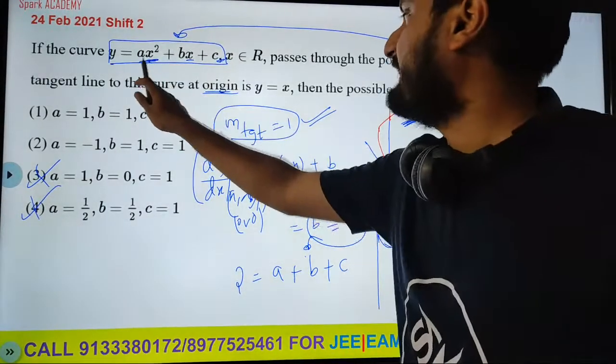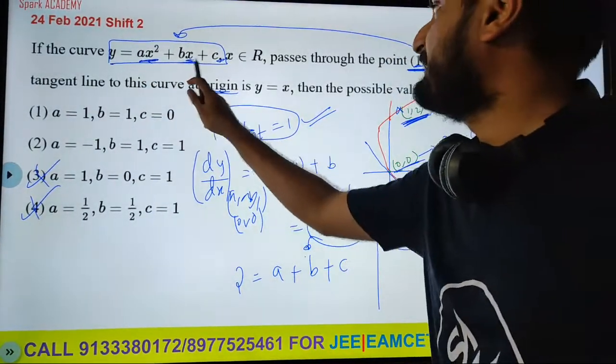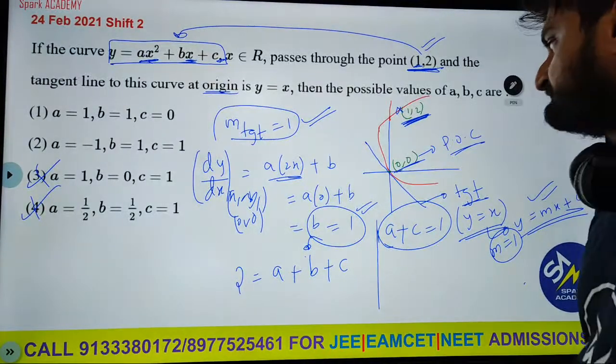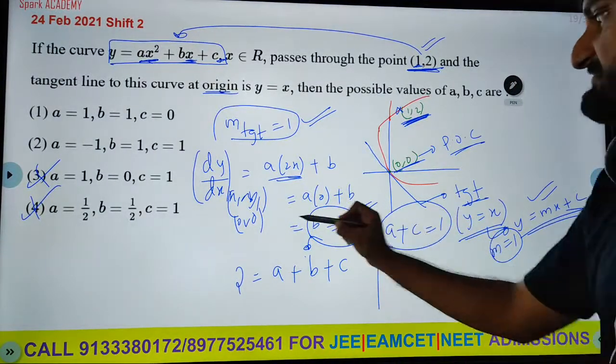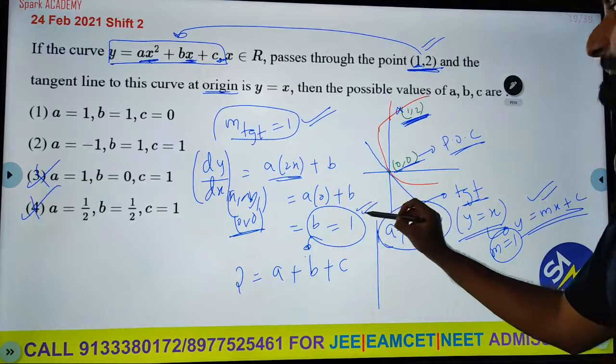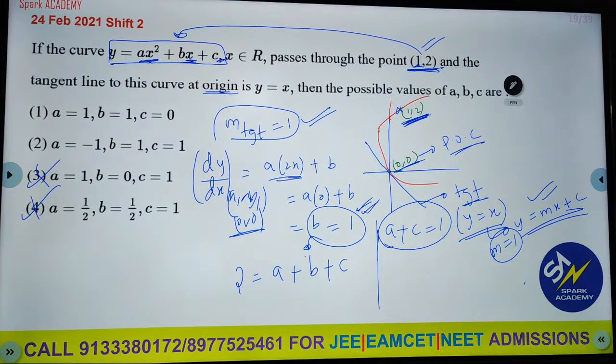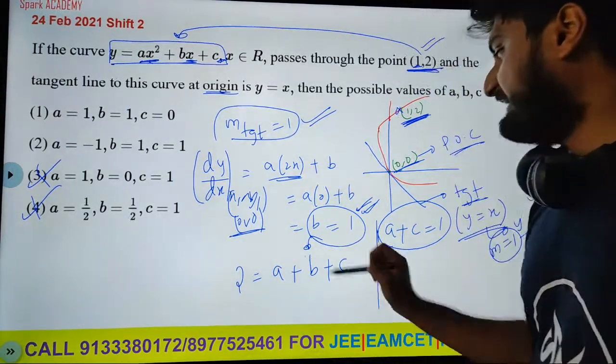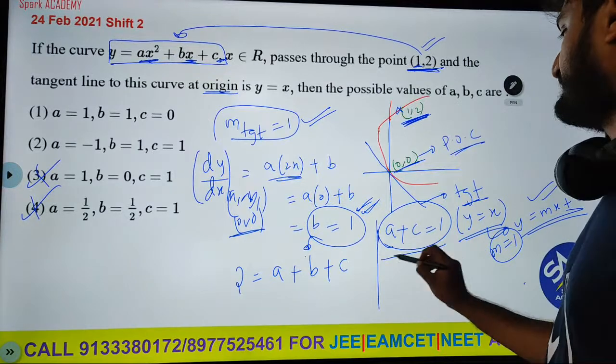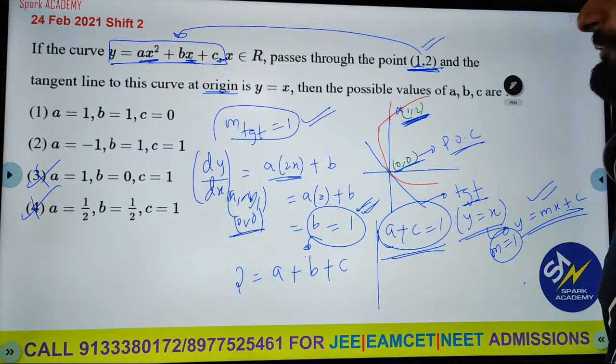Upon differentiation, a into 2x plus b into 1, the derivative of c is nothing but 0. So basically at (0, 0), the b value we are getting as 1. So if the b value is 1, a plus c is also nothing but 1. So now you can just check the options.